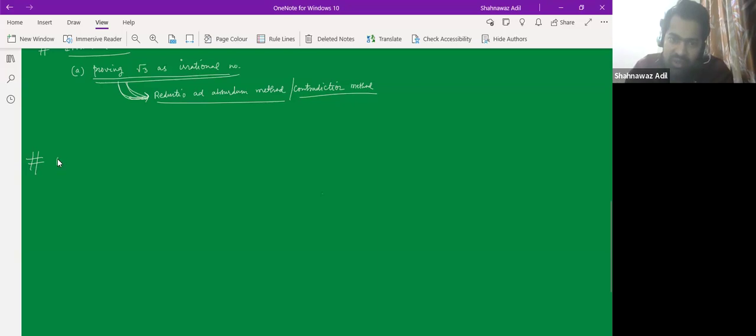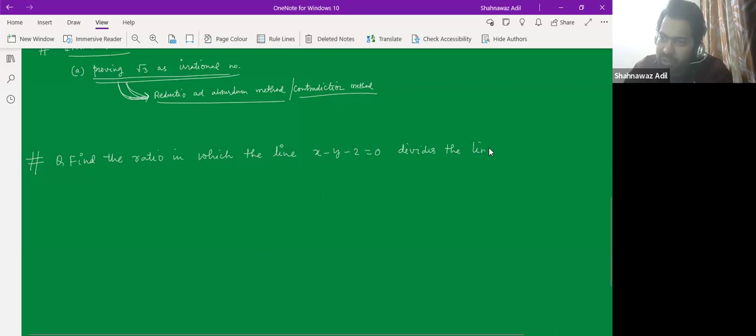Find the ratio in which the line x minus y minus 2 equals 0 divides the line segment. This is supposed to be a coordinate geometry question, but I'm writing it here because I just remembered.